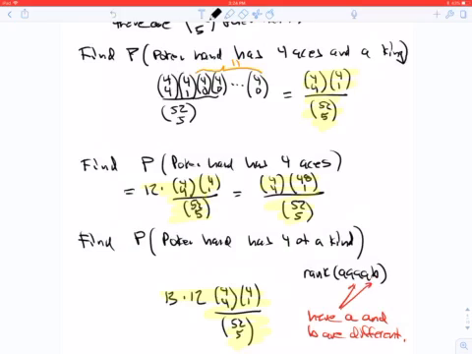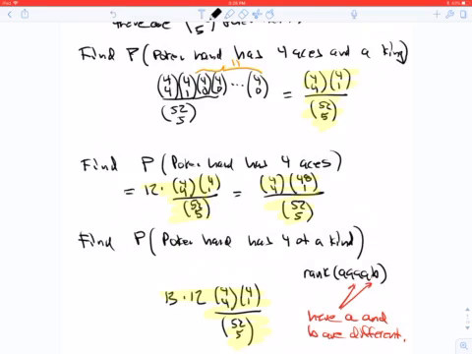So next, let's find the probability that a poker hand has 4 aces. So now the single card can be anything. It doesn't have to be king. There are 12 other ranks that it could be, right?